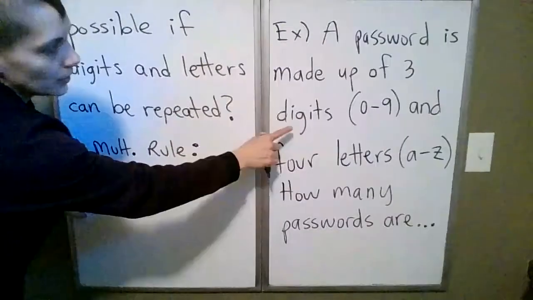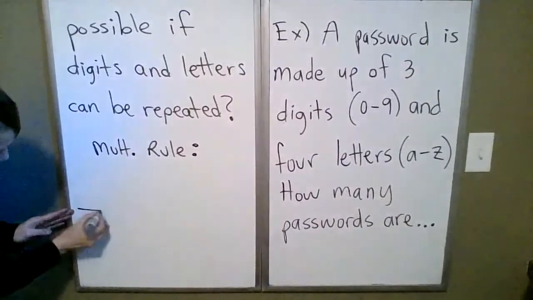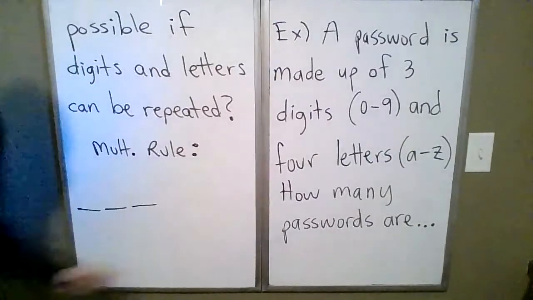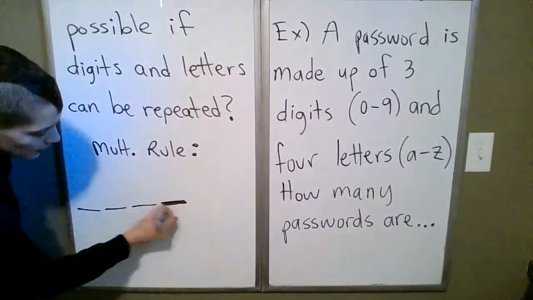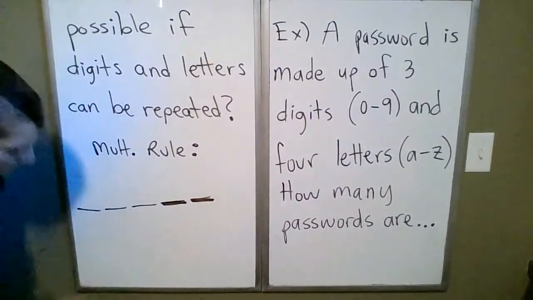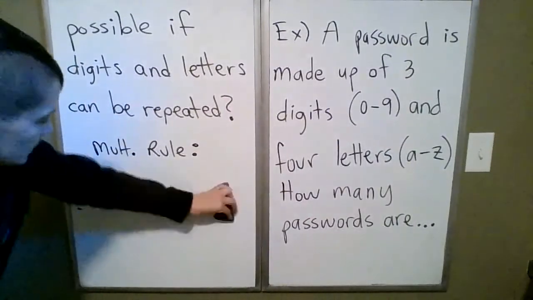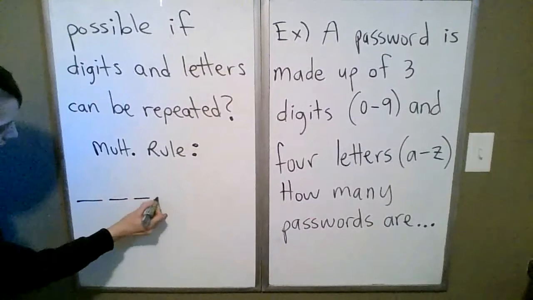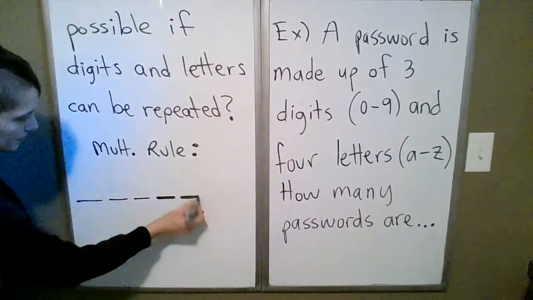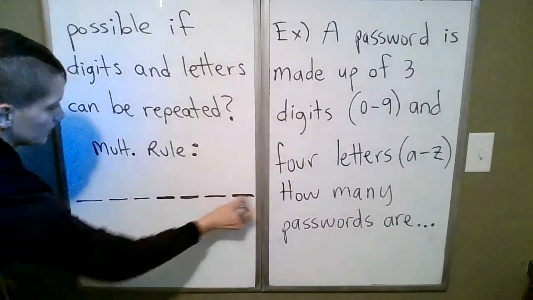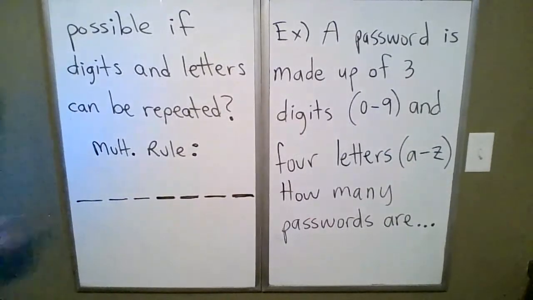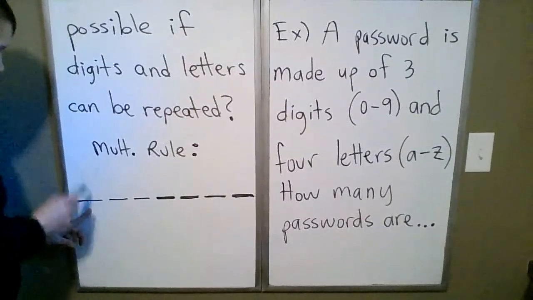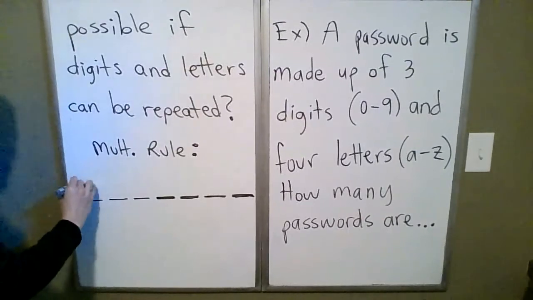Okay, we have 3 digits. Let's make 3 spaces. And then 4 letters. So for letters, make them a little more bold. In the first spot, we pick one of the digits 0 through 9. 0, 1, 2.